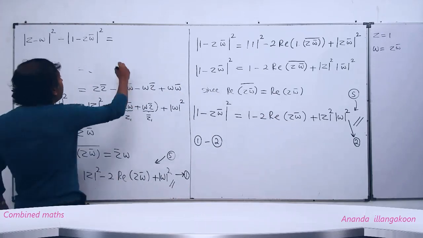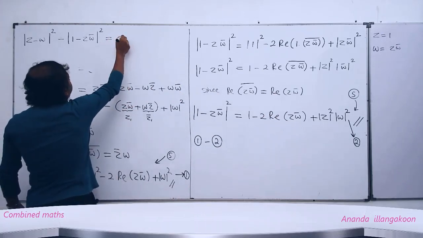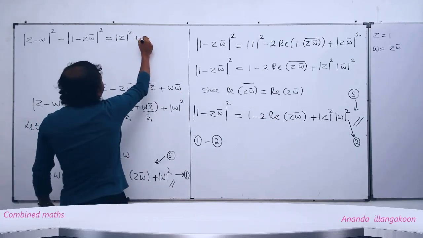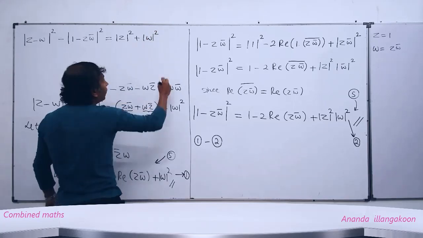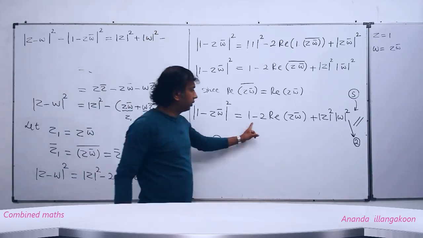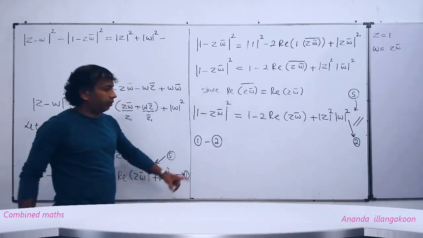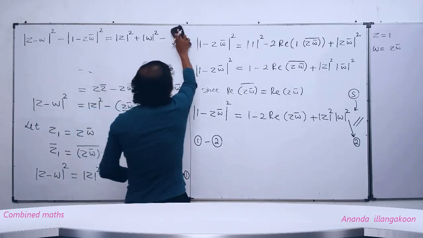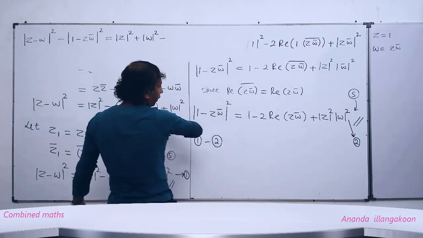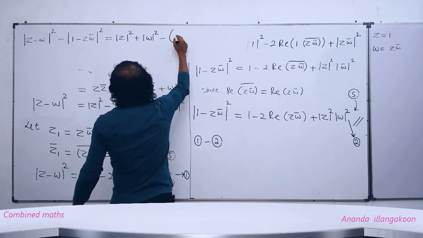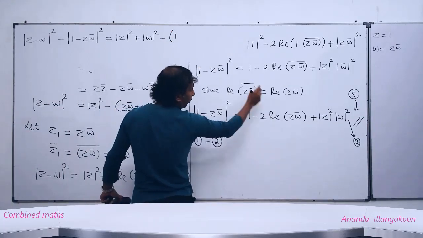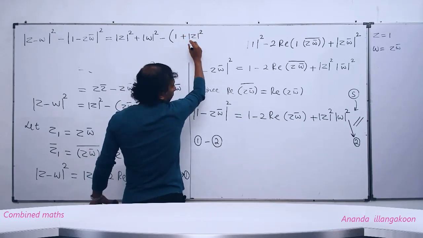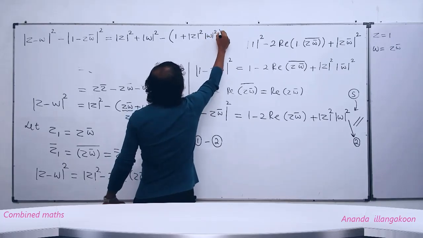Then here we get mod Z squared plus, here this minus this, that middle term will cancel out. Okay, so then now we get 1 here plus mod Z squared mod W squared.